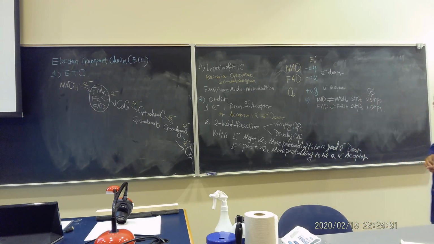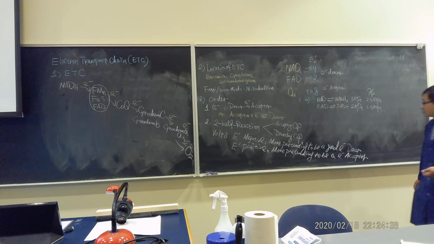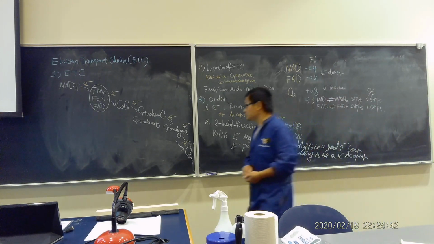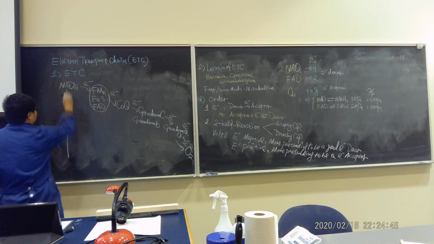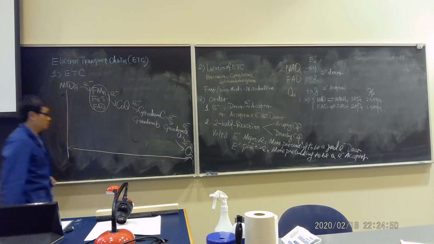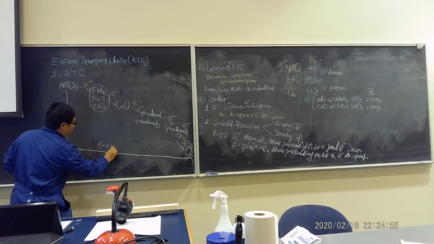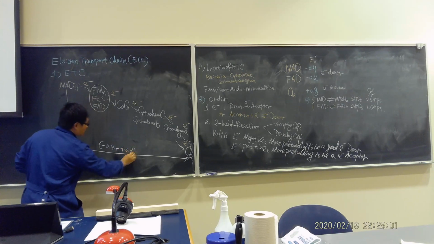Now, the question is, why is NAD reduced to NADH2 3 ATPs? Why is FAD only 2 ATPs? Because the distance between NADH and oxygen is the distance from minus 0.4 to plus 0.8.